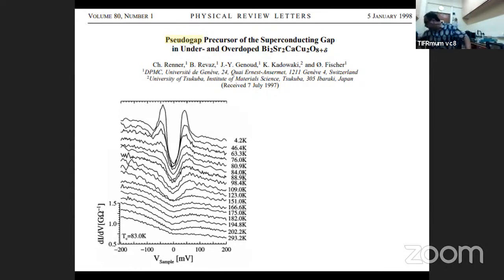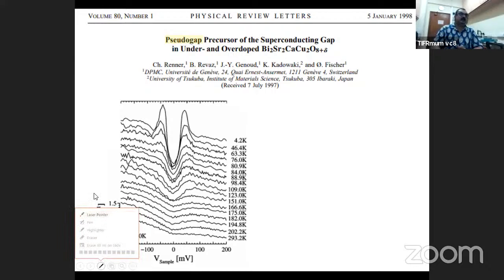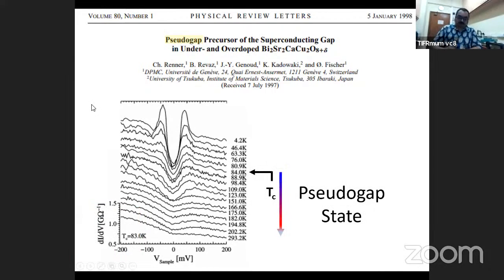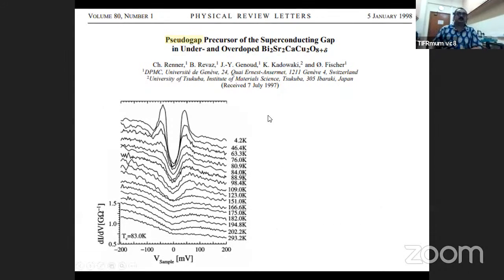Now, La2CuO4 is an insulator, and it's actually a Mott insulator.